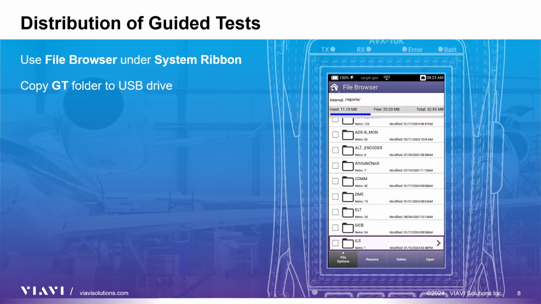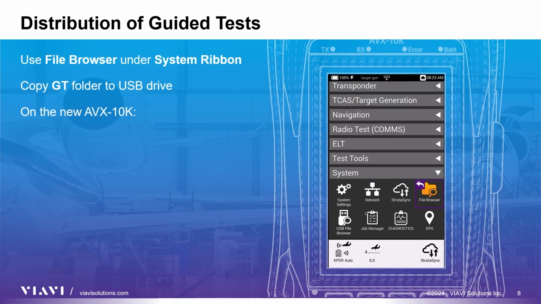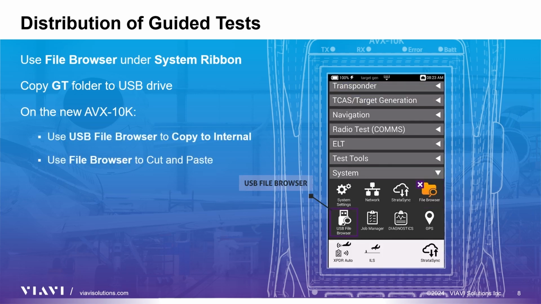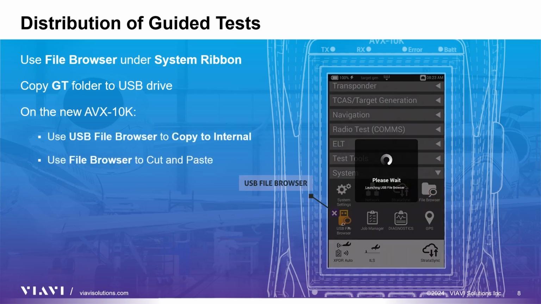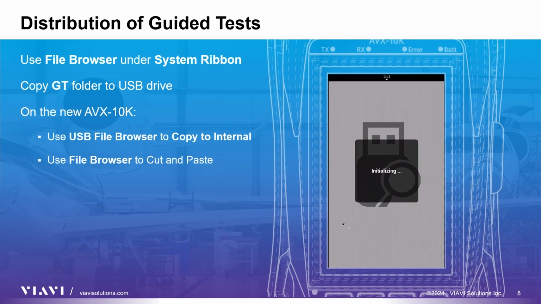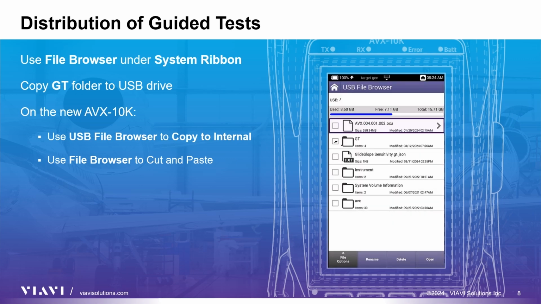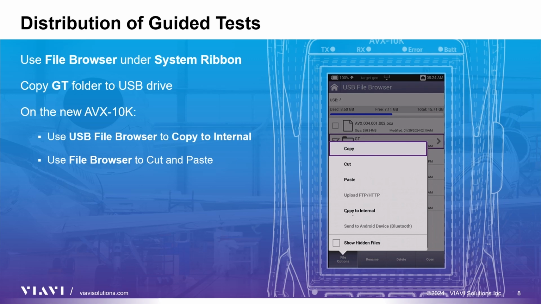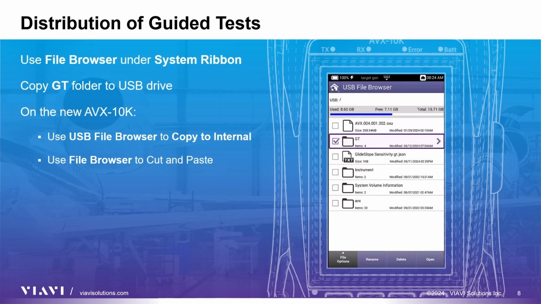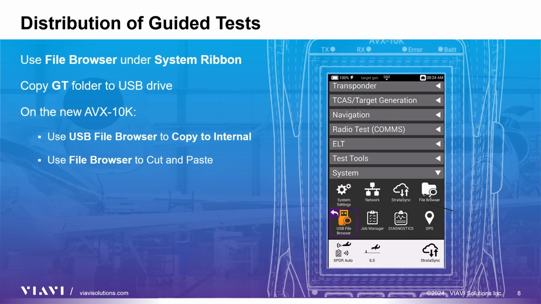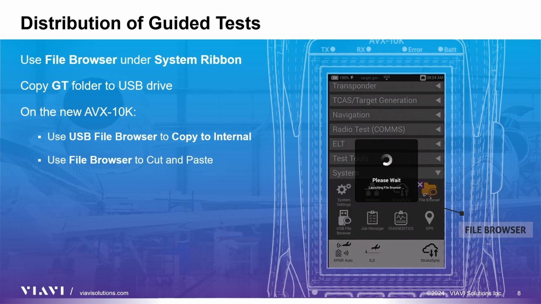Insert that USB thumb drive into another AVX and open the USB file browser application. Select the GT folder, press File Options, and copy to internal. Close the USB file browser, open the file browser application.